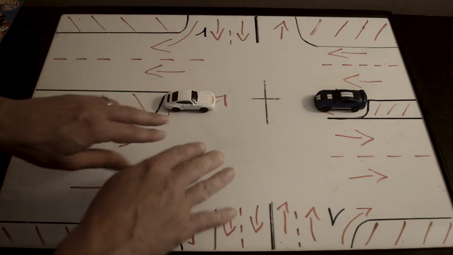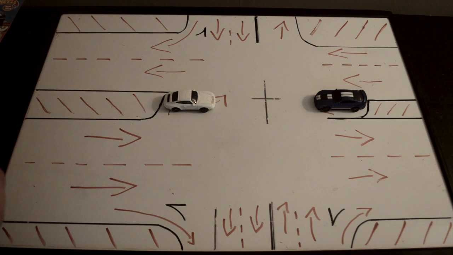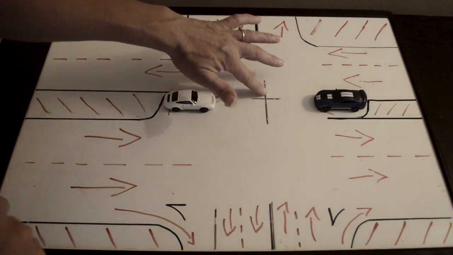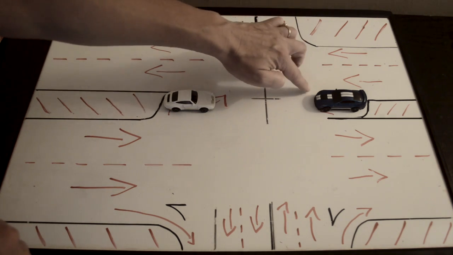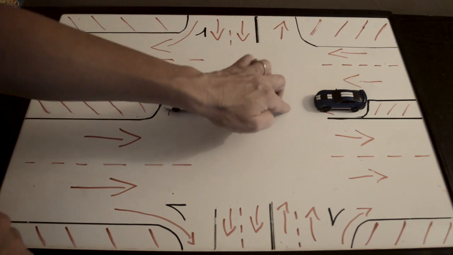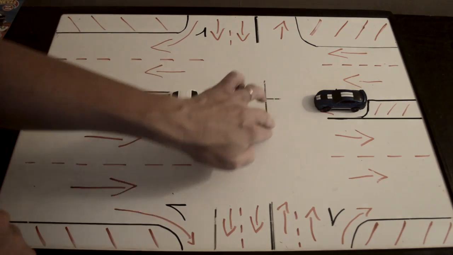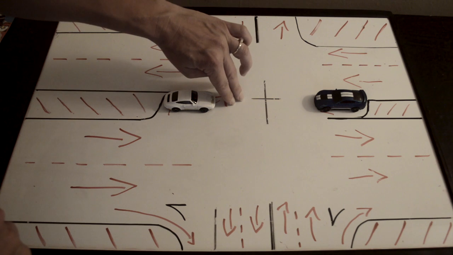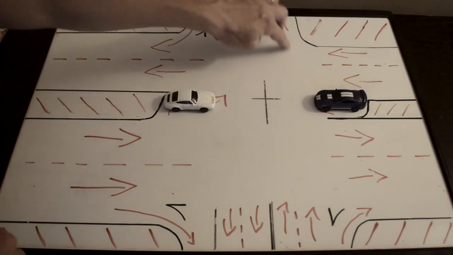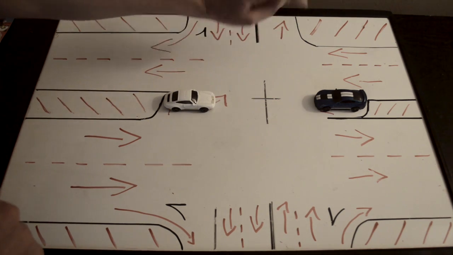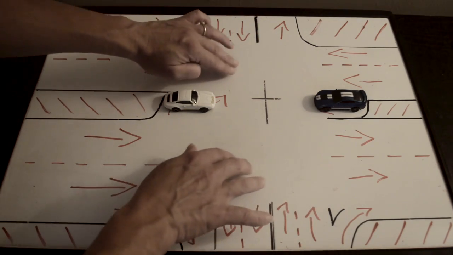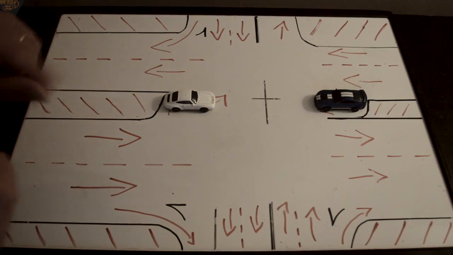So if everything were to go as planned, what would happen is the light would give this person a green arrow for turning left, and at the same time I would have a green arrow directing me to my left, and all of the other lights would be red at that time.